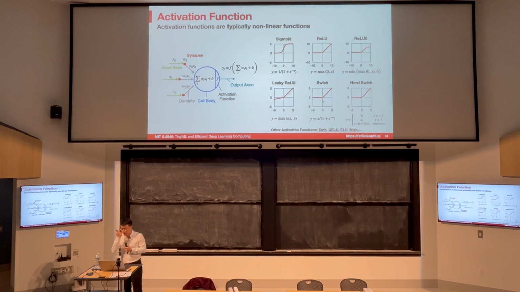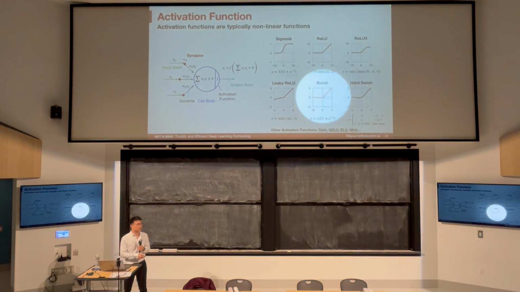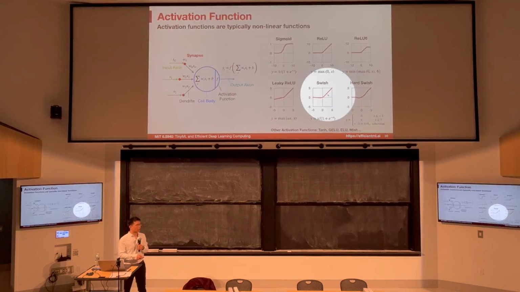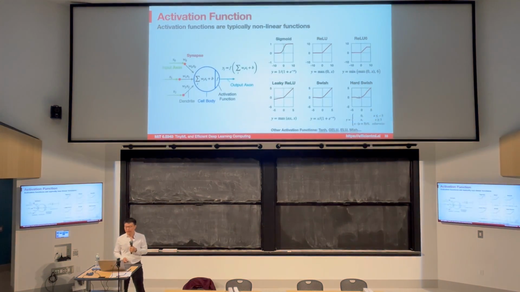And then people used neural architecture search to find a very interesting activation function called swish. Okay, swish is basically very similar to ReLU, but it's using x divided by 1 plus e to the minus x. But people later found it hard to implement in hardware, right? So people came up with an approximated swish called hard swish.